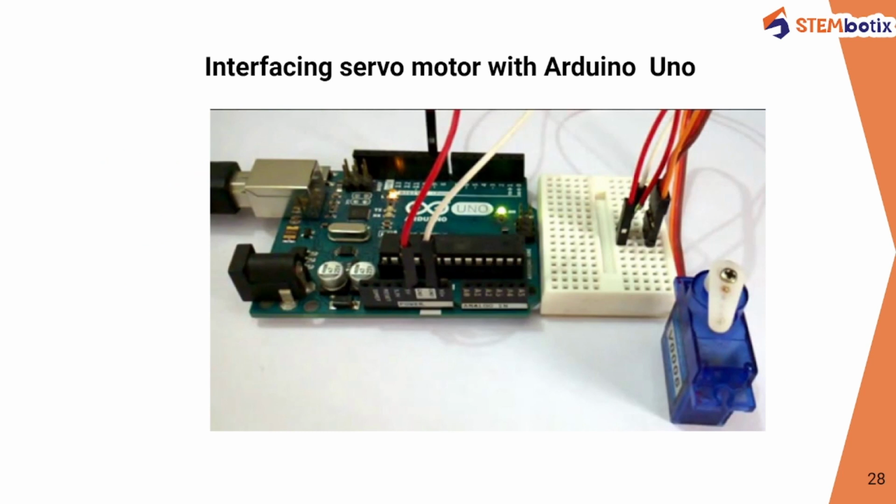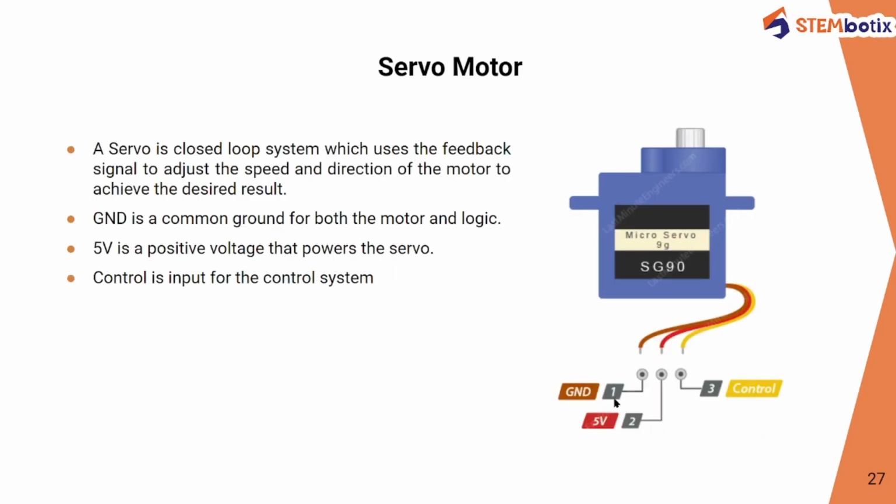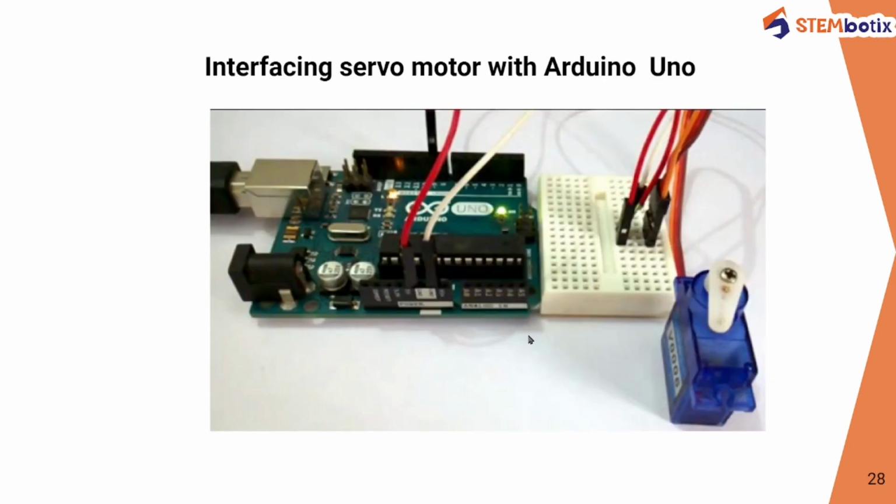Now we will see the interfacing of servo motor with Arduino Uno, that is, how one can connect this with Arduino Uno. Here the connection is given, in which we have connected the GND and voltage pin, or you can say 5-volt pin. This GND and 5-volt pin are connected to the GND and 5-volt pin on the Arduino Uno board.